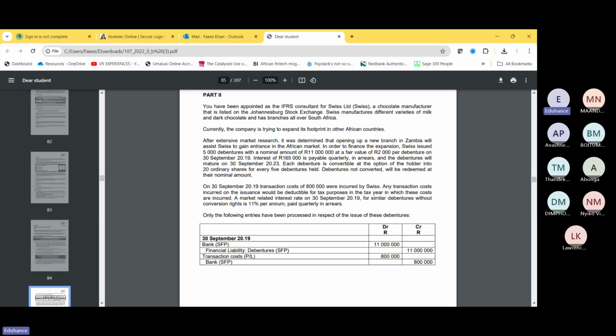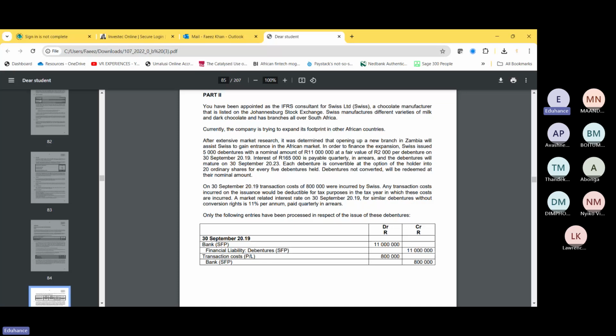Now they're telling us each debenture is convertible at the option of the holder into 20 ordinary shares for every 5 debentures held. Debentures not converted will be redeemed at their nominal amount. So here we have a convertible debenture. Because it is at the option of the holder, we will have a liability component and an equity component.